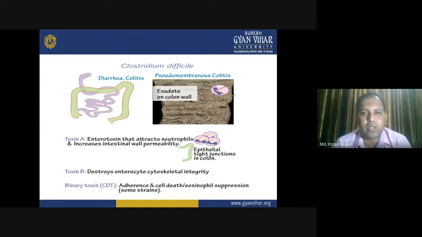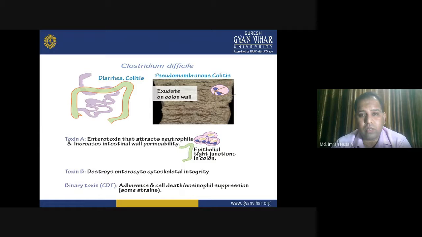So, Clostridium difficile. Diarrhea and colitis are a result of this Clostridium. Pseudomembranous colitis exudes on colon walls. It commonly produces toxin A, an enterotoxin that attracts neutrophils and increases intestinal wall permeability.